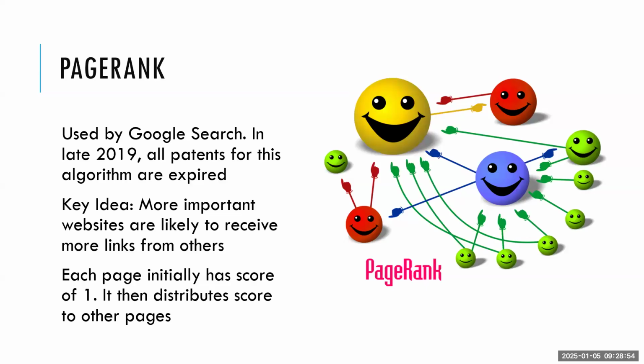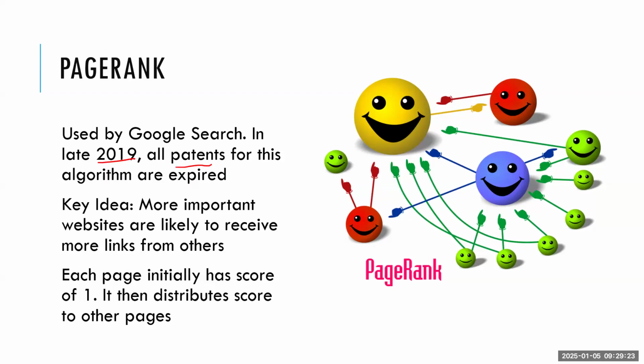So let's start with PageRank. This algorithm is used by Google search. In 2019, the patent expired, so other companies can use PageRank. Before 2019, no one could use the PageRank algorithm because it was patented by Google.